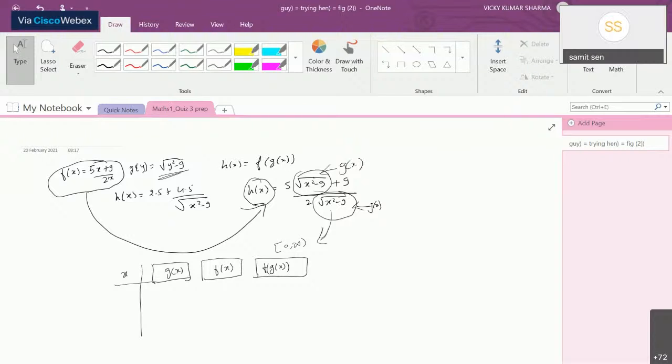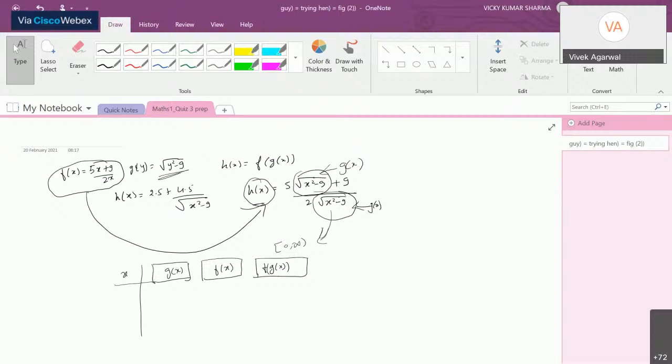What you are telling is correct, because here the denominator has two terms. One is that the entire square root of x square minus 9 can't be 0, and also the x square minus 9 inside has to be greater than or equal to 0.